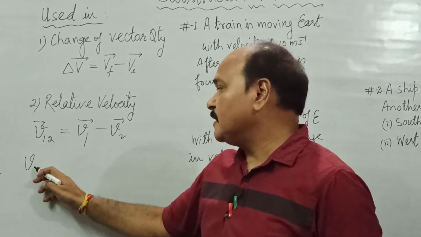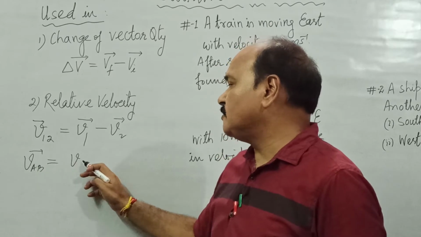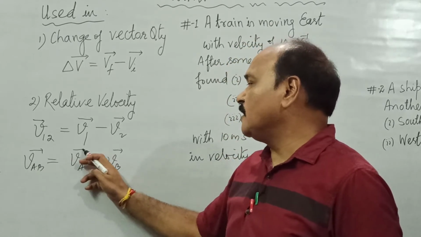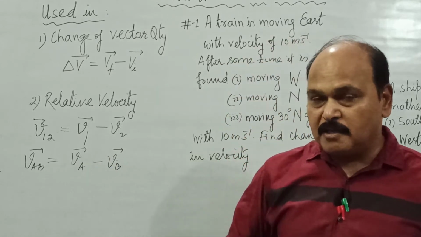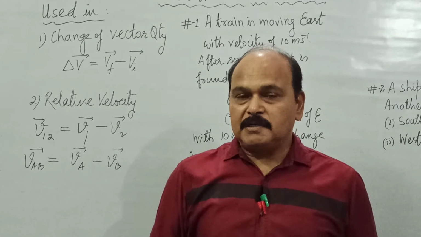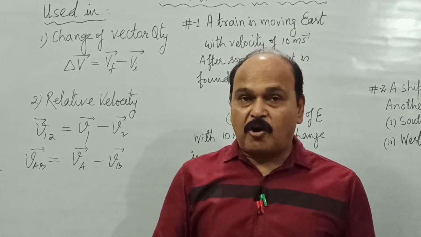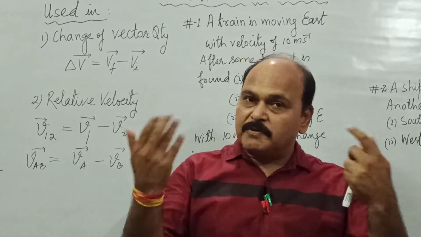Velocity of A as seen from B is the absolute velocity of A minus the absolute velocity of B. This is what is called relative velocity. And let me tell you very briefly what exactly relative velocity is. Children, relative velocity is the velocity as seen by an observer with an assumption that the observer is not moving.